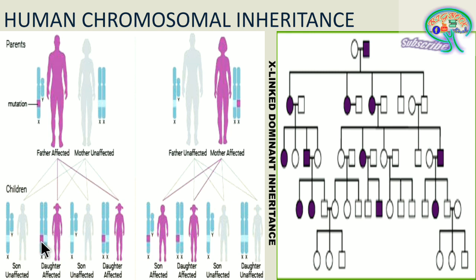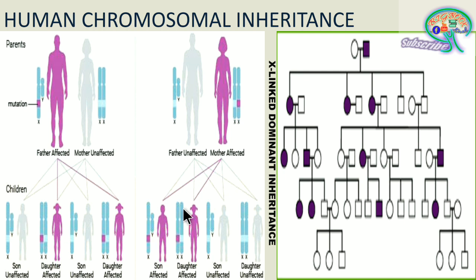So out of the overall inheritance probability, 50% constitutes only the daughters. The male passes his defective X chromosome to the daughters, and the sons are going to remain healthy. This is the pattern of inheritance.